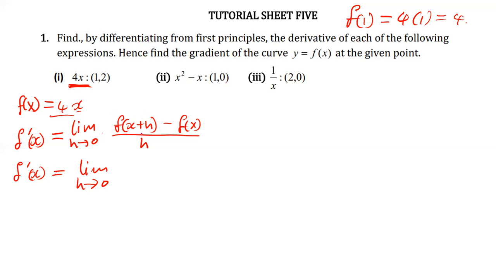They've asked us to find f of x plus h. So meaning at x, we're going to replace x plus h in this function. So we're going to have 4, and while there is x, I'm going to put x plus h. Then I'll say minus f of x. So this f of x is simply the same function, so I'm just going to write it the way it is.